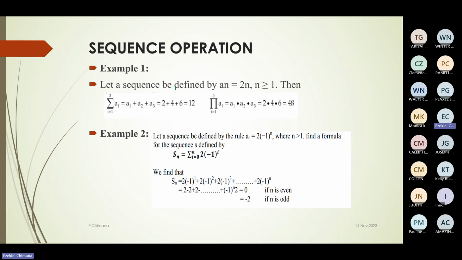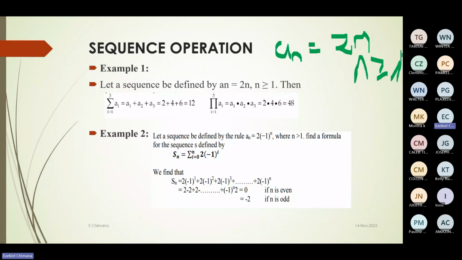So this one is just an example. Let a sequence be defined by a_n equal to 2n, where n is greater than or equal to 1. Take note of this one. Your n is always greater than or equal to 1.